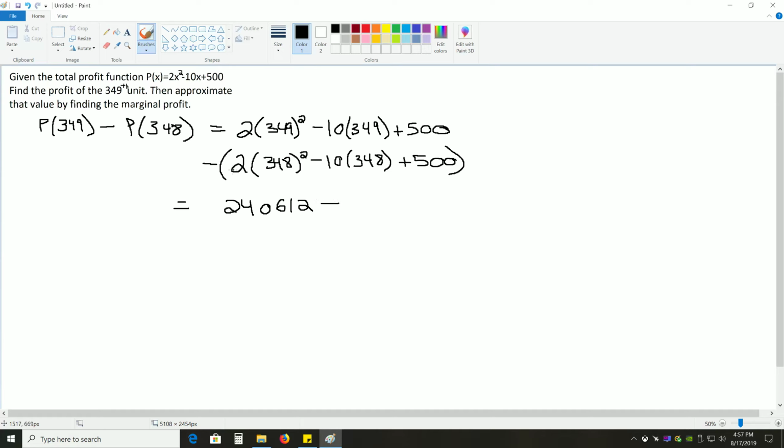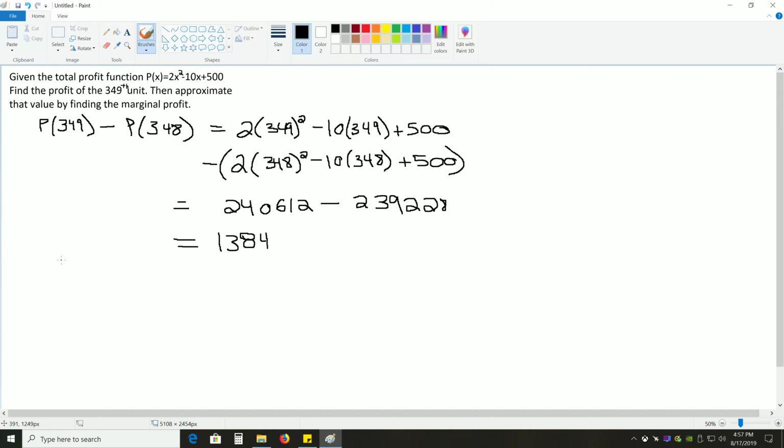Then we're subtracting when we plug in 348 into all of this, and we end up getting 238,... When we subtract these two values, we end up getting a total of 1,384.